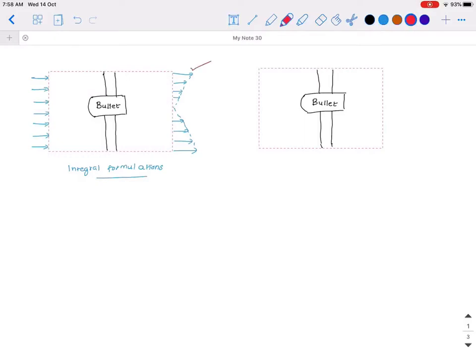So we measure the velocity and pressure field on the control surfaces of the control volume that we are considering for the analysis.